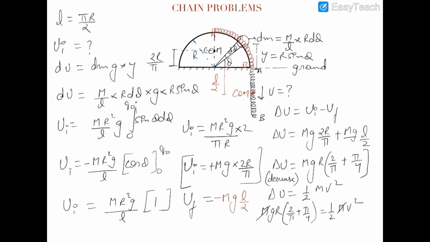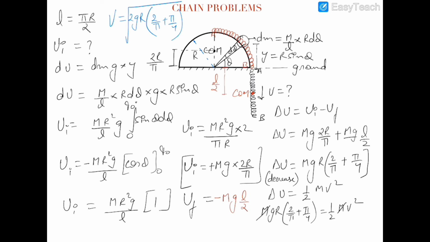This v will be equal to root of 2gr into (2 by pi plus pi by 4). This will be the velocity of the chain when it would be completely out of contact with this semi-circular, in fact hemispherical bowl.